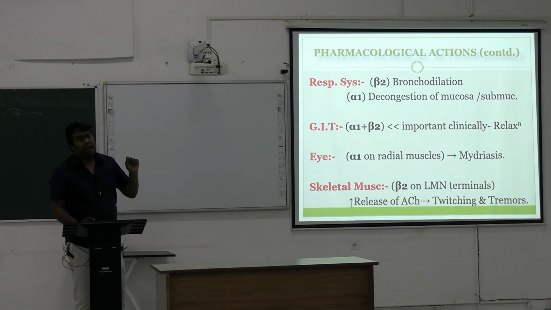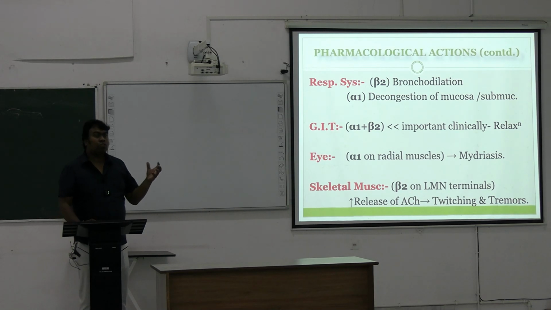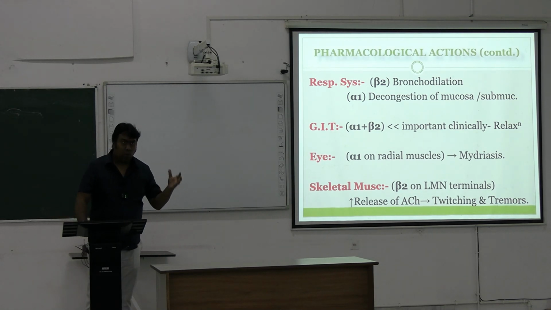There is a term called anaphylactic shock. What is shock? Shock is a hemodynamic state where the peripheral organs, vital organs, are unable to get an adequate amount of blood. So what are the different types of shock? One is cardiogenic shock, where the heart cannot pump blood.